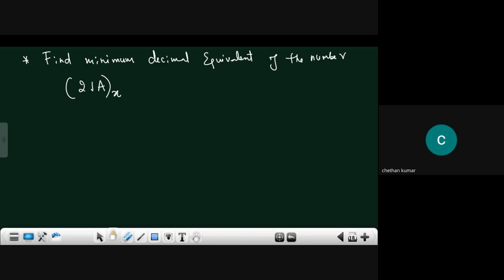How to solve this problem? He's saying that you need to find out the equivalent of this number in what? Decimal. How to find out? And also he's saying that minimal decimal equivalent. Let me see who is going to answer to this question.